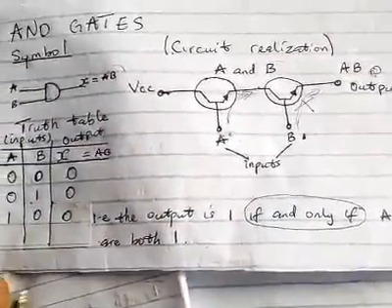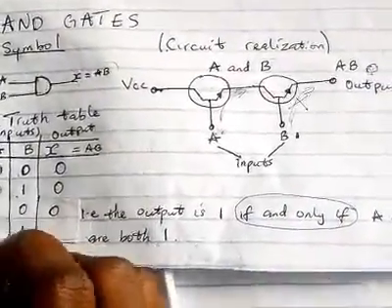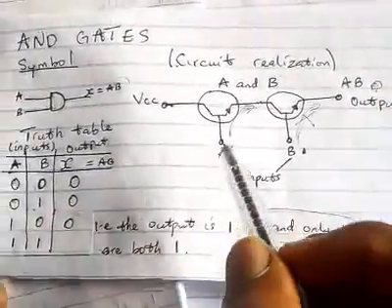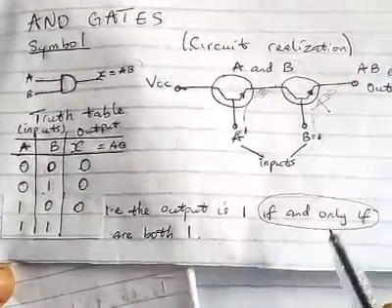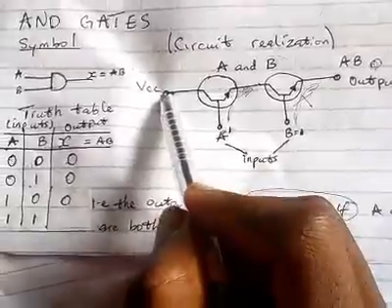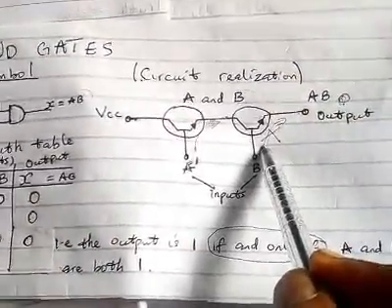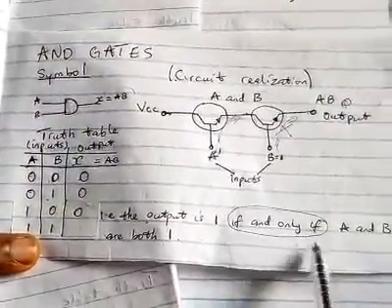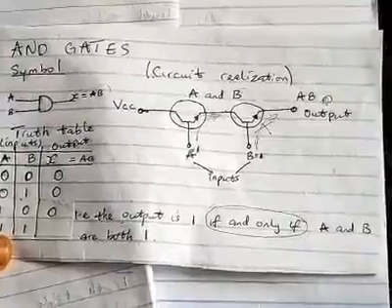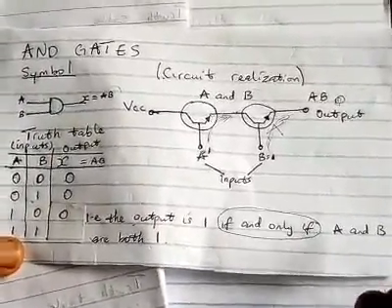Now, the only way we can have a 1 output is if both inputs are 1. That is, A and B are both 1s. So the only way current can flow from this point to this point is if A and B are both 1. That is, the output is 1 if and only if A and B are both 1.